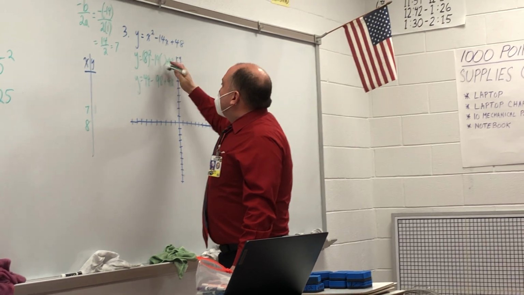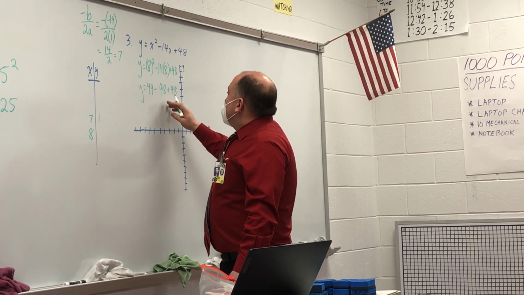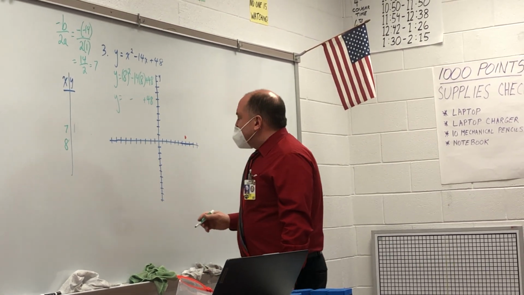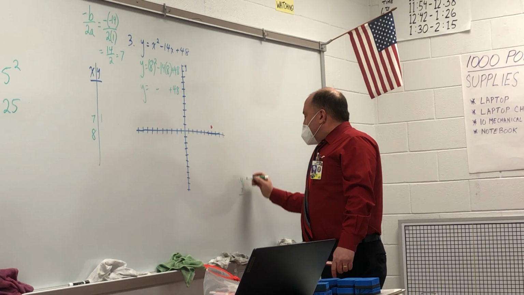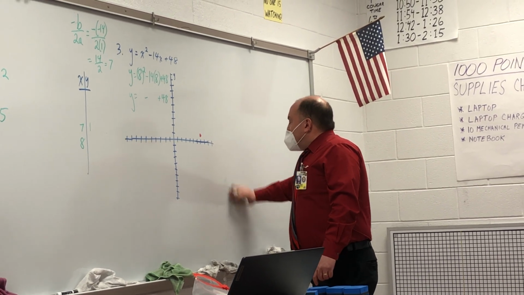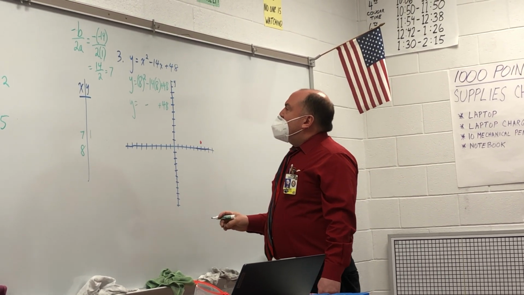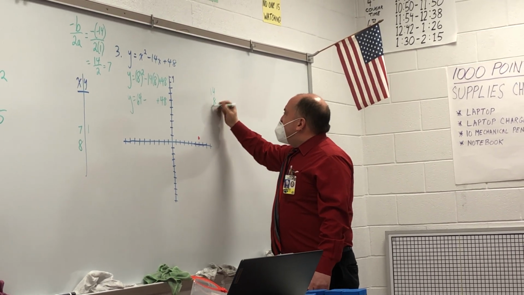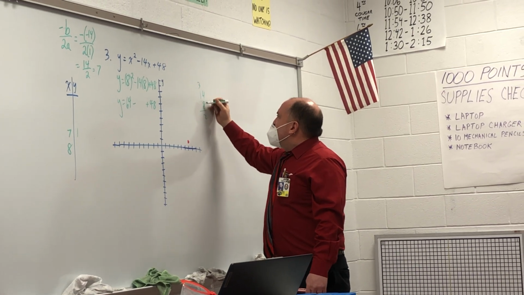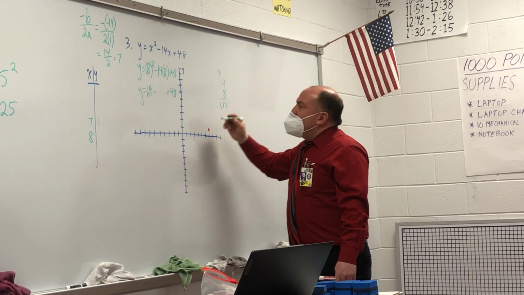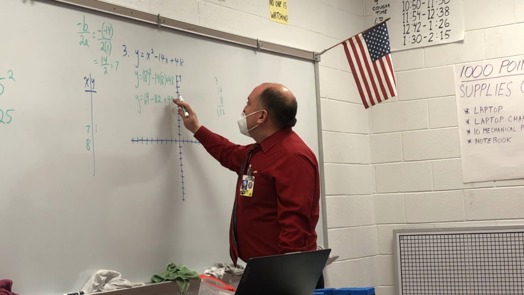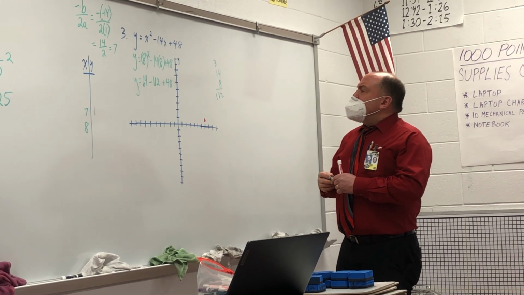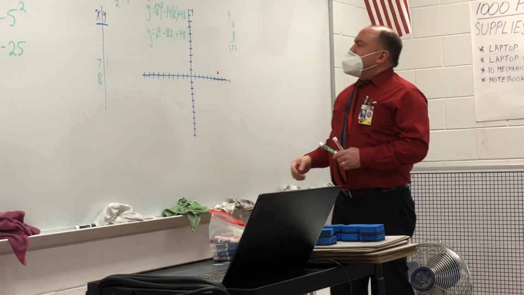8 squared minus 14 times 8 plus 48. 8 squared is 64. What is 14 times 8? 112, plus 48. What is 64 minus 112?